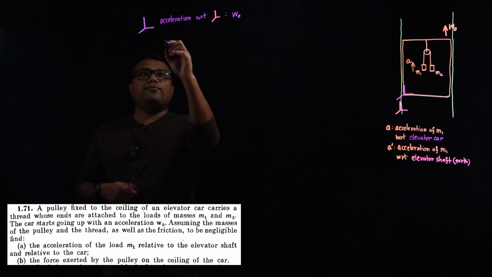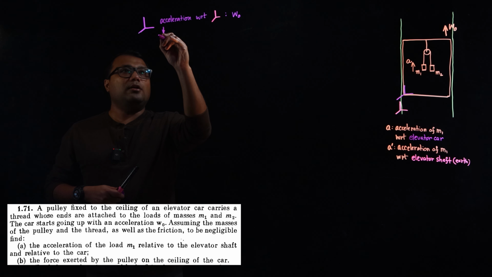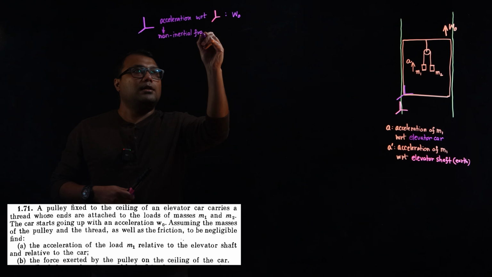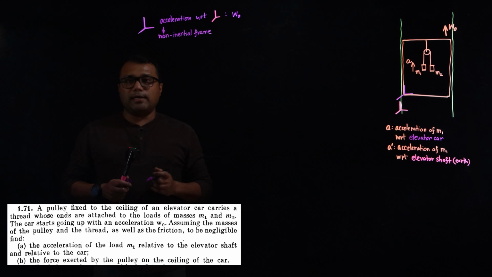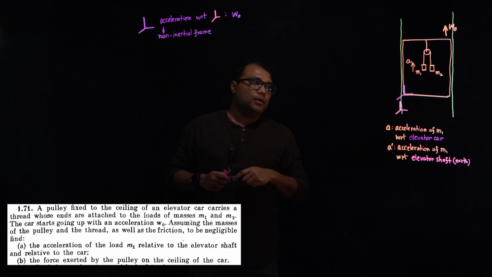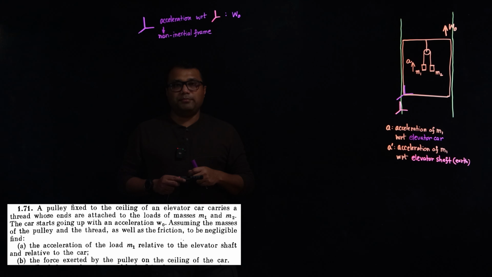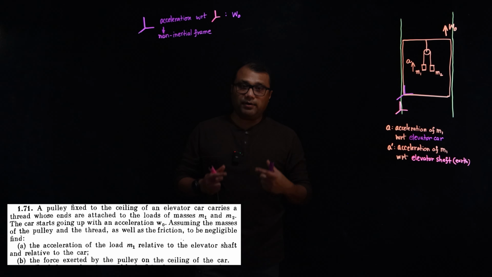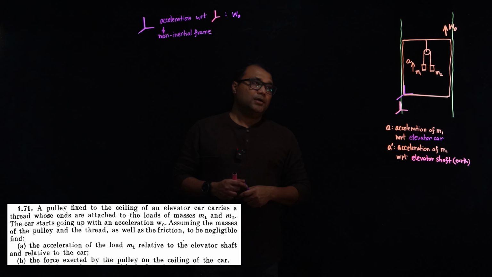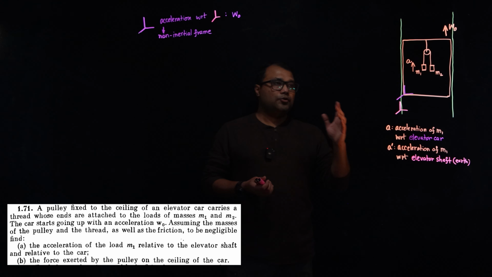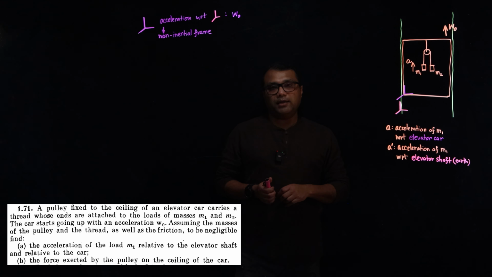So this frame of reference is a non-inertial frame. Now you would know that we cannot apply Newton's laws in a non-inertial frame directly. We'll have to introduce something called a pseudo force so that we can apply Newton's laws in a non-inertial frame. So with that knowledge, let's draw the free body diagram of m1 and m2.